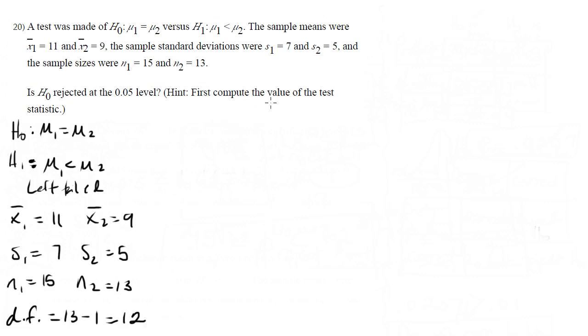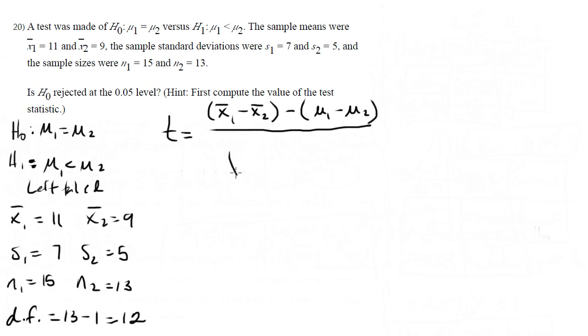The hint is first compute the value of the test statistic. So let's calculate t first. t equals x1 bar minus x2 bar minus mu 1 minus mu 2, divided by the square root of first standard deviation squared over n1 plus second standard deviation squared over n2.